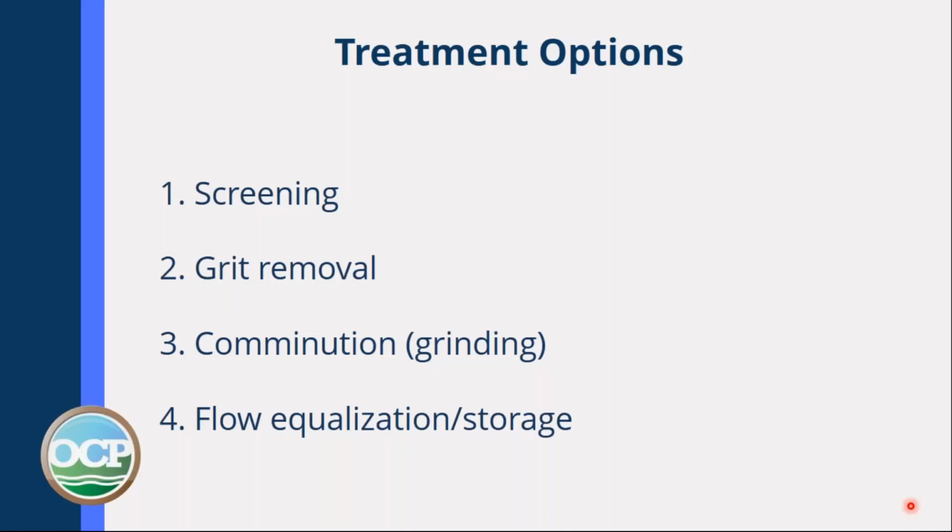For things that are rather large, we can grind them up. We call that process comminution. And also we could have a storage facility or multiple basins that we can equalize the flow in, so things can be settled out or fats and greases skimmed off the top.